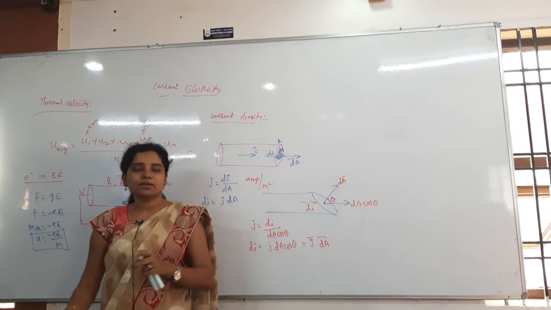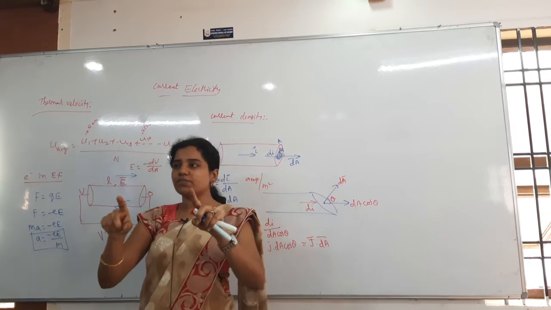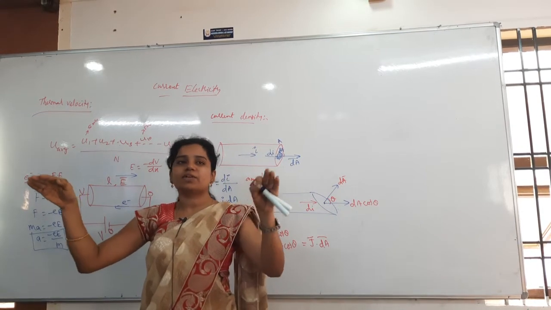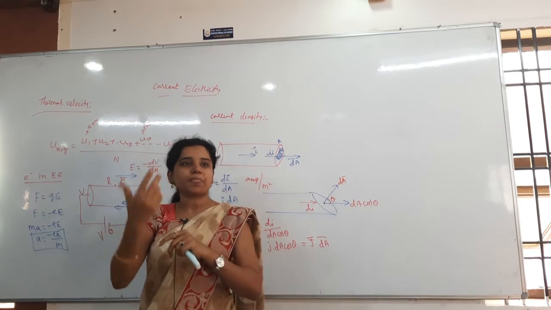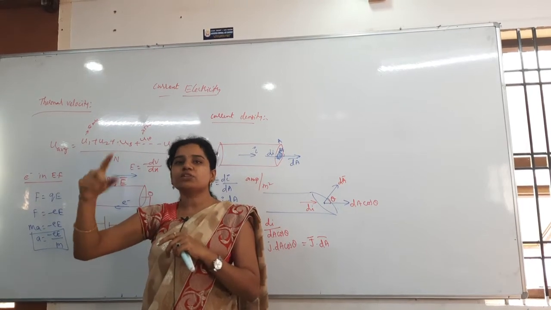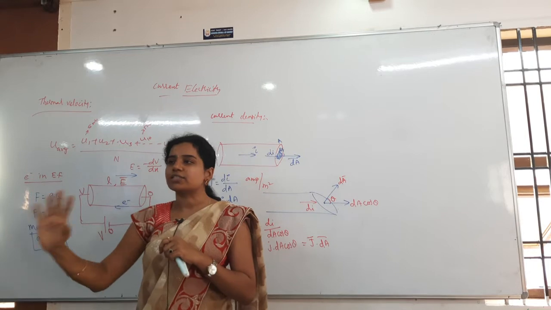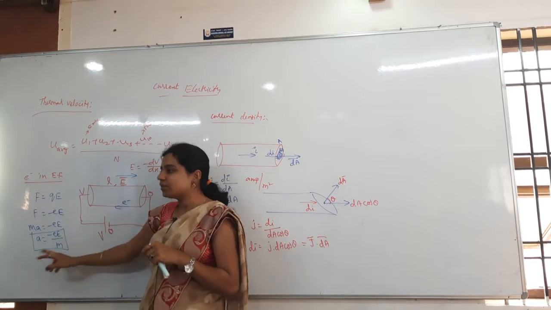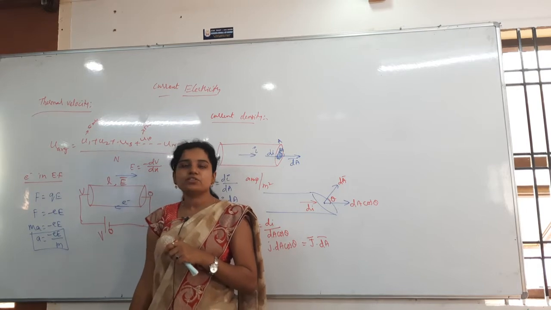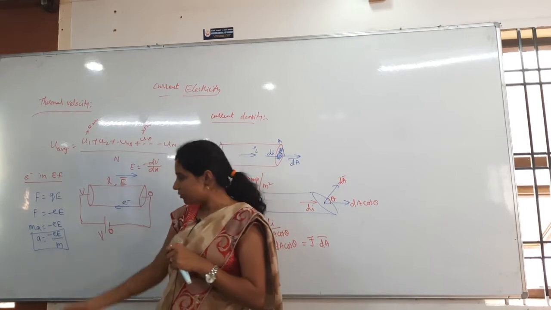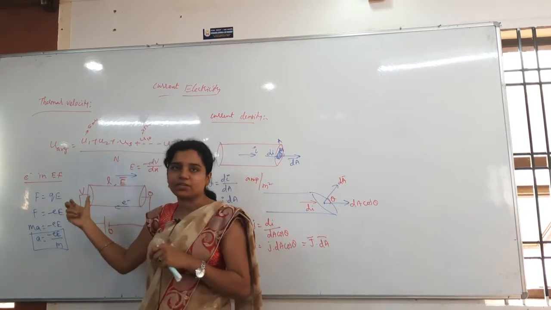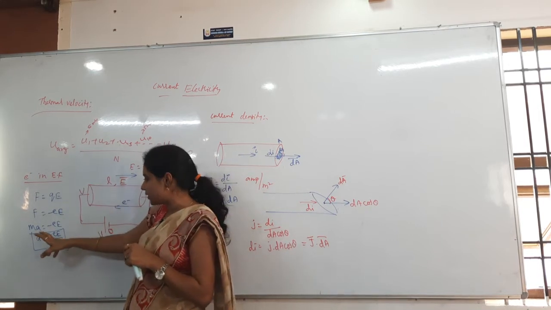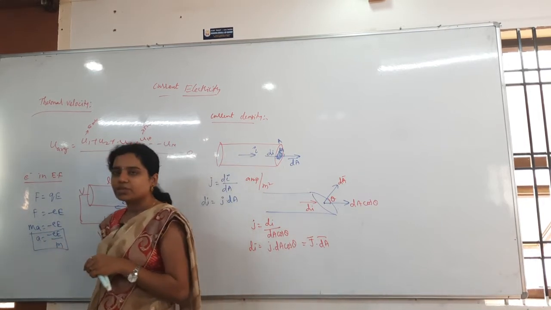Clear? The battery is connected, the potential difference is there, the potential difference divided by the length of the conductor gives the electric field, the electric field gives the force, and the force gives the acceleration. That's it. That is the acceleration of the electron in the electric field, a is equal to minus eE by m. Not only in the electric field, but in the conductor, the acceleration of the electron is minus eE by m. Copy that.